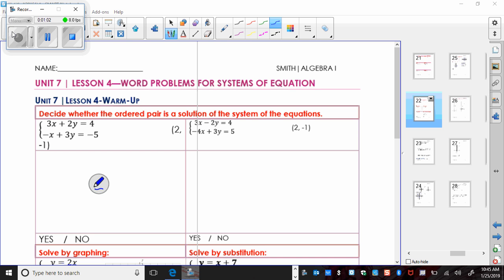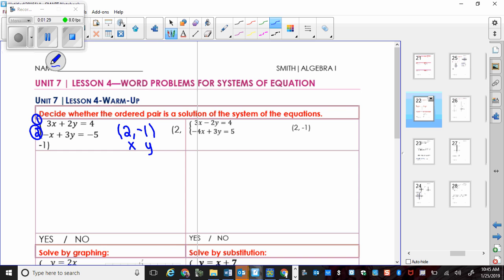So first, when we're deciding whether the ordered pair is a solution of a system of equations, we need to identify an ordered pair. So let's just rewrite the ordered pair. It's (2, -1), and this is x, and this is y. We check each equation to see if this coordinate (2, -1) makes equation 1 true, and makes equation number 2 true.